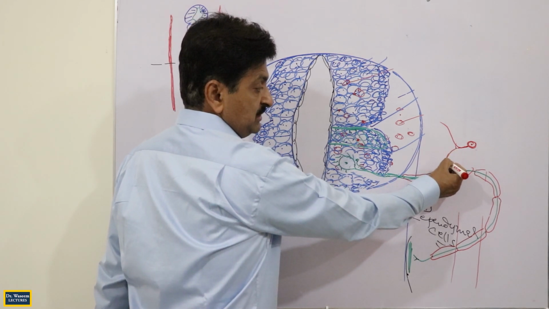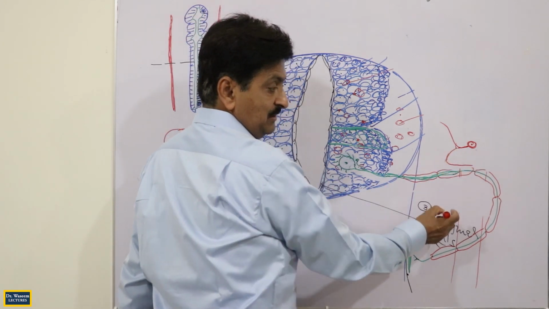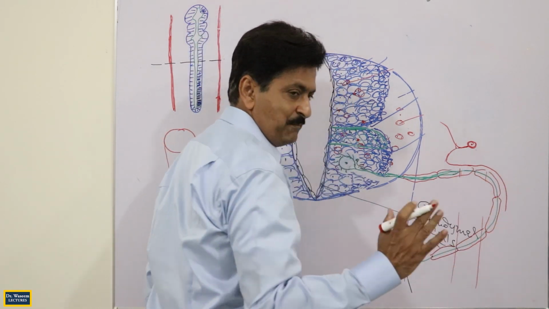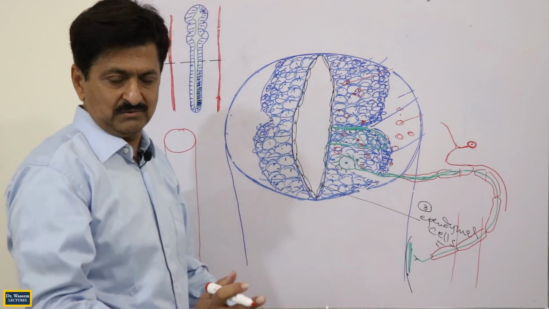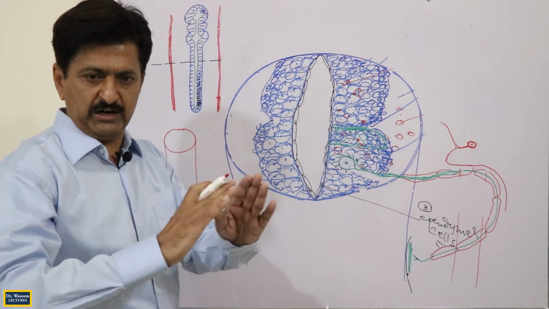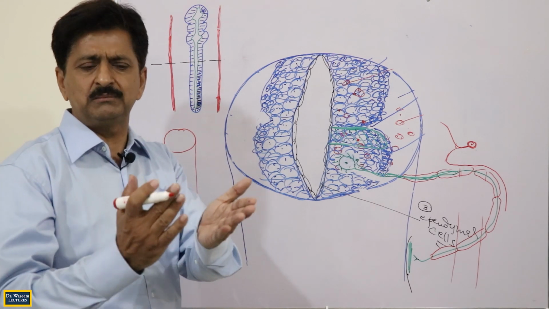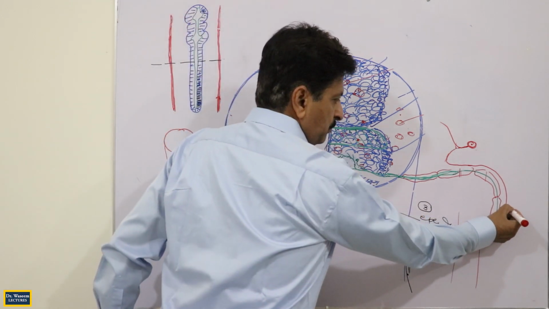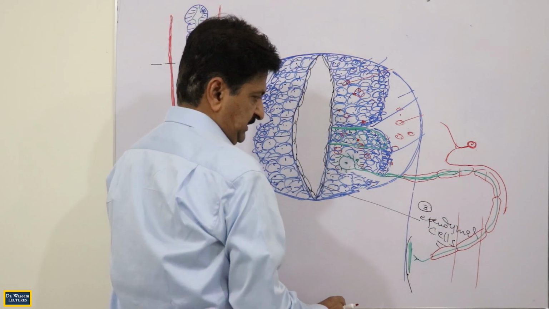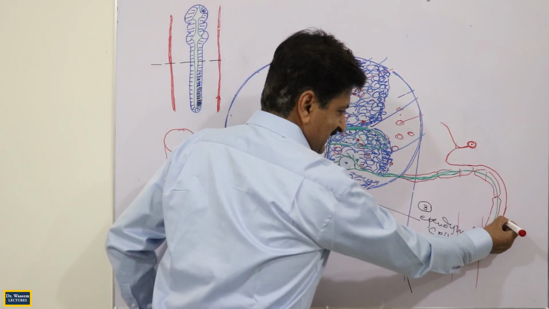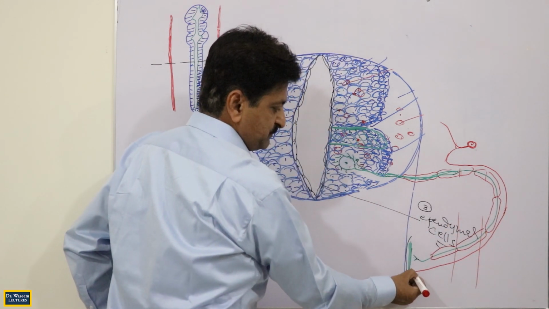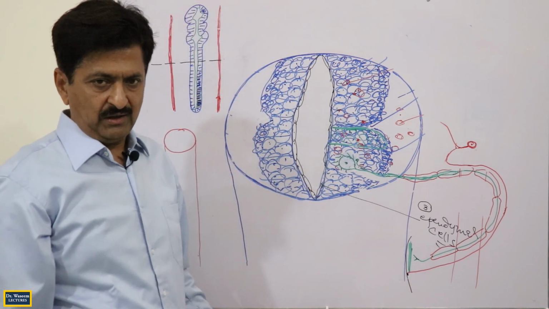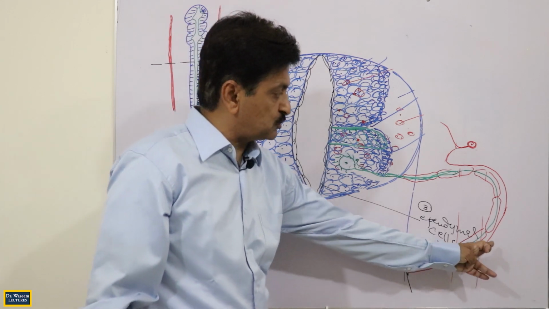You see, the one branch will run along with the motor neurons in the same packet, covered by connective tissue, and in the same packet it will go, and get connected here to the sensory receptor for impulses to transmit, and these impulses will be carried toward the cell body.